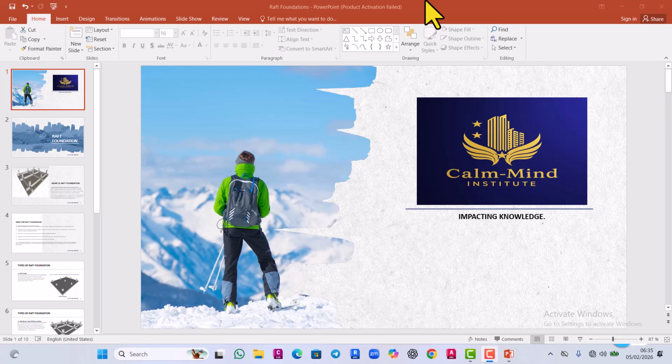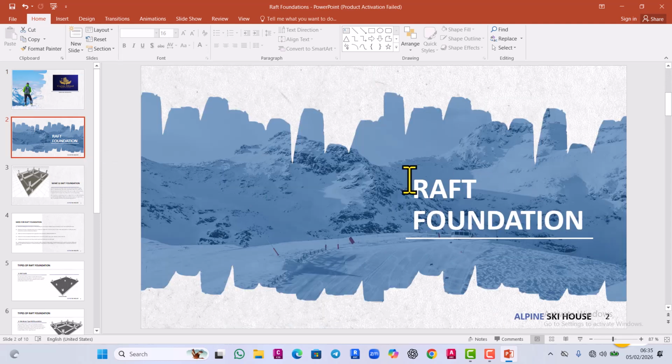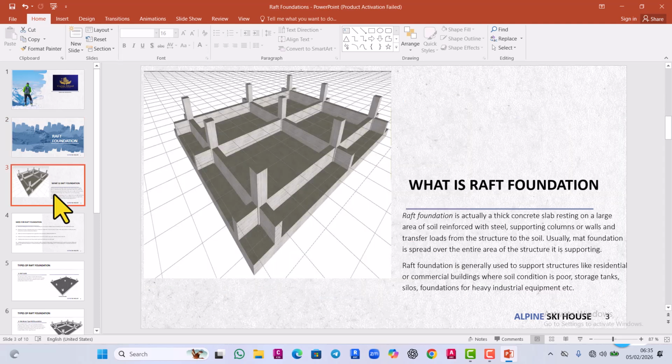All right. So, like I said, we're looking at the Raft Foundation. We now want to understand what Raft Foundation is. From what is written here, you can see that Raft Foundation is actually a thick concrete slab.